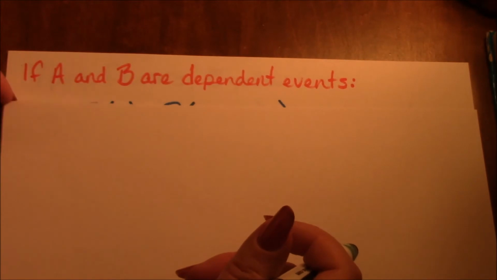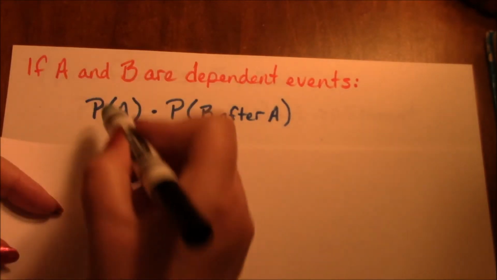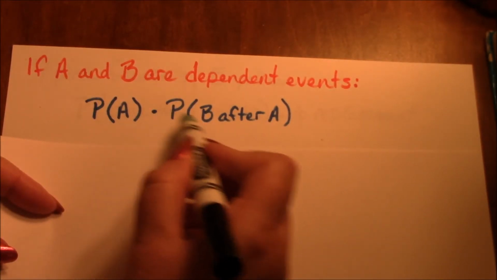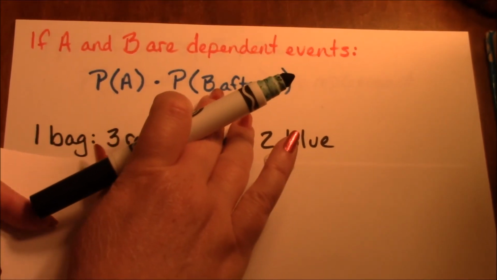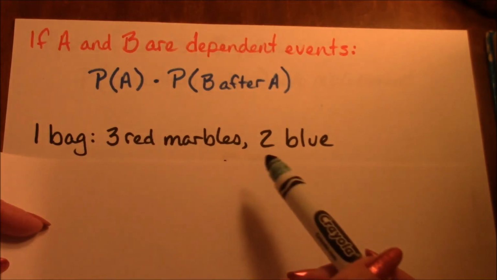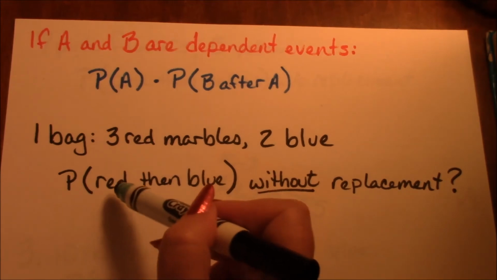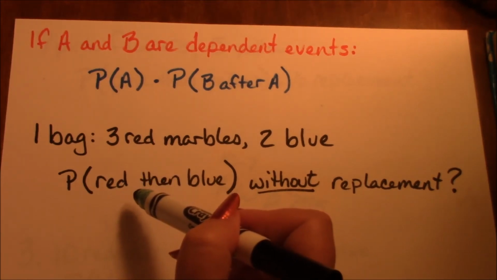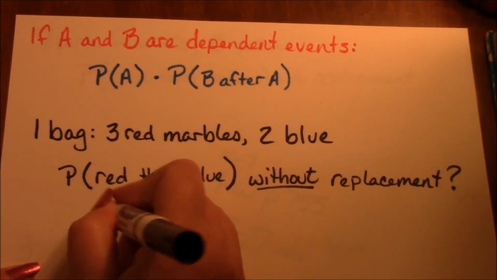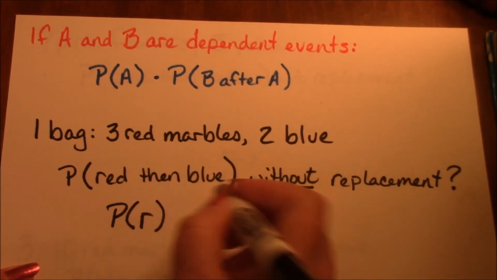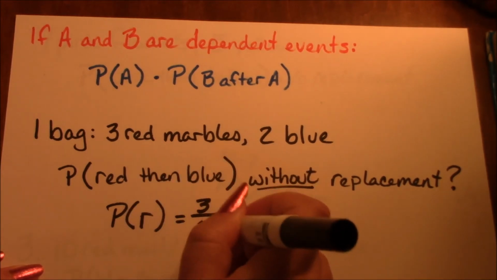What happens if A and B are dependent events? Well, that math looks like this. The probability of A multiplied by the probability of B after A. So we have to take that into account. I've got one bag of marbles. It's got 3 red marbles and 2 blue marbles. What is the probability that I pull a red and I keep it, and then I pull a blue? So the probability that I start by pulling a red is going to be 3 out of a total of 5.